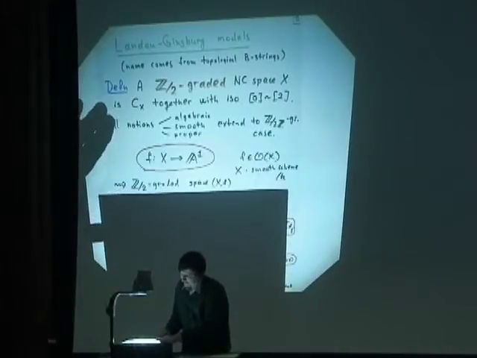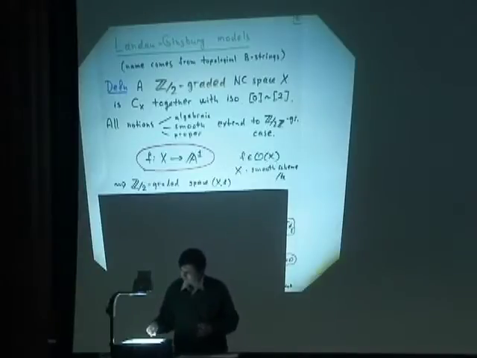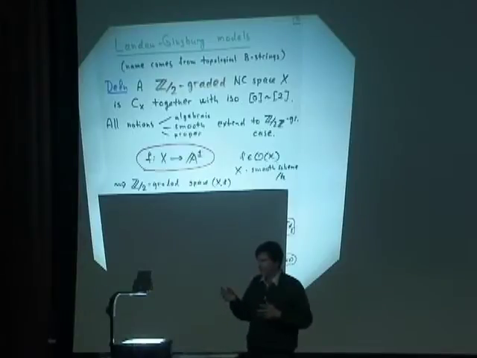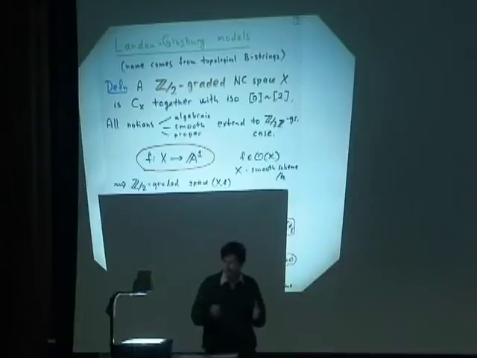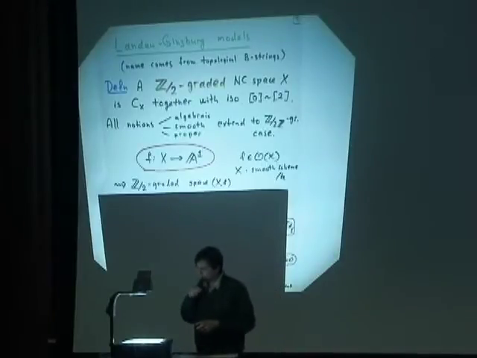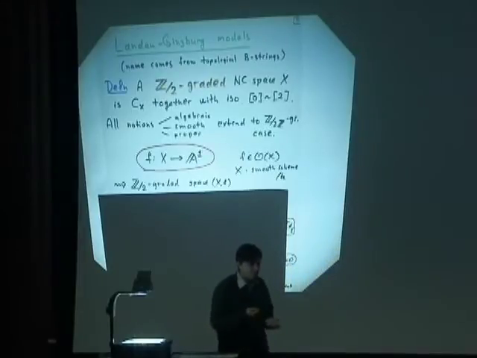Then suppose I have a map from a smooth scheme X over a field to the affine line, just a function F. And the idea is that it gives a Z2 graded space, which depends on X and F. It's a pair. Informally speaking, it's the following. I deform the space X by some element of Hochschild cohomology.